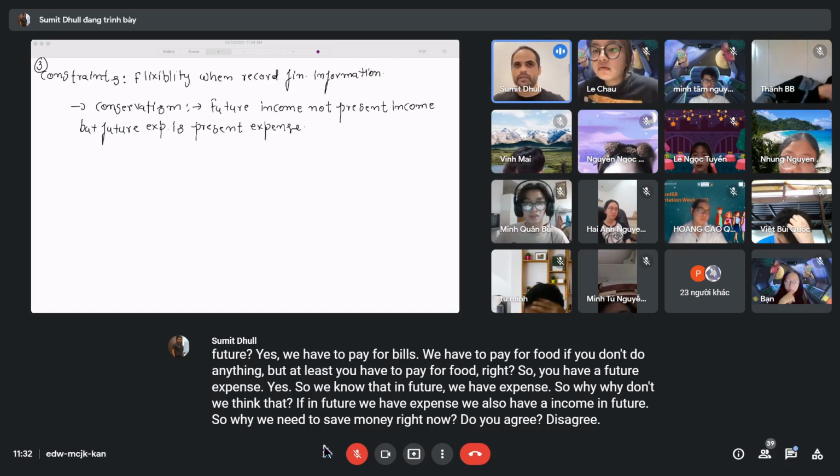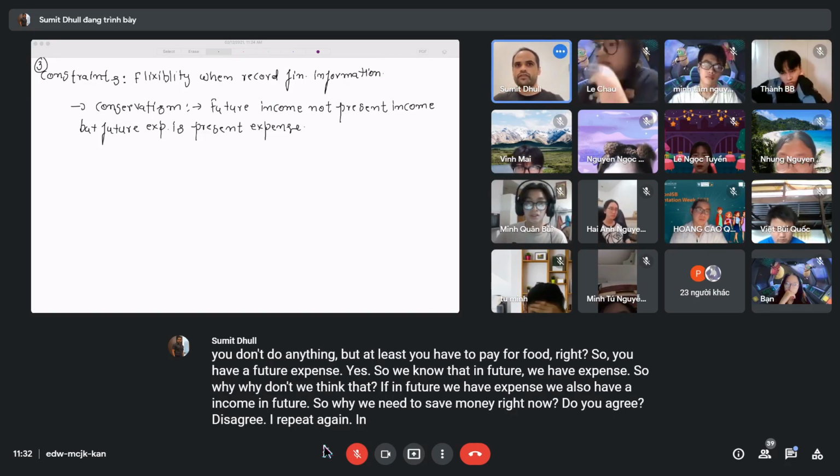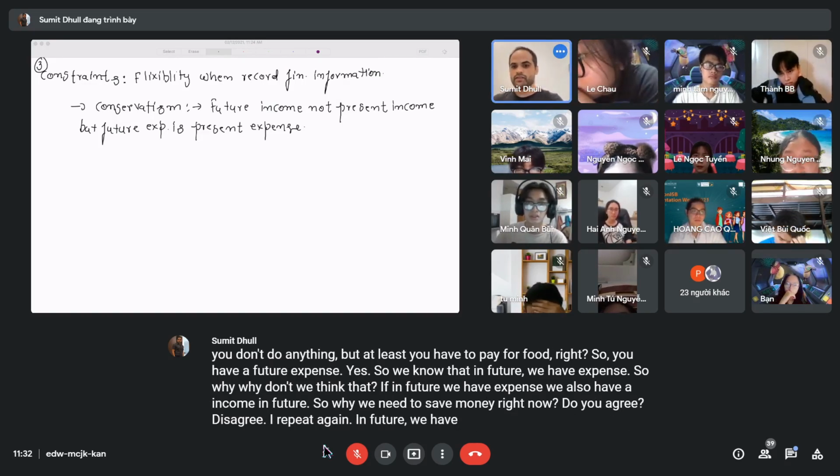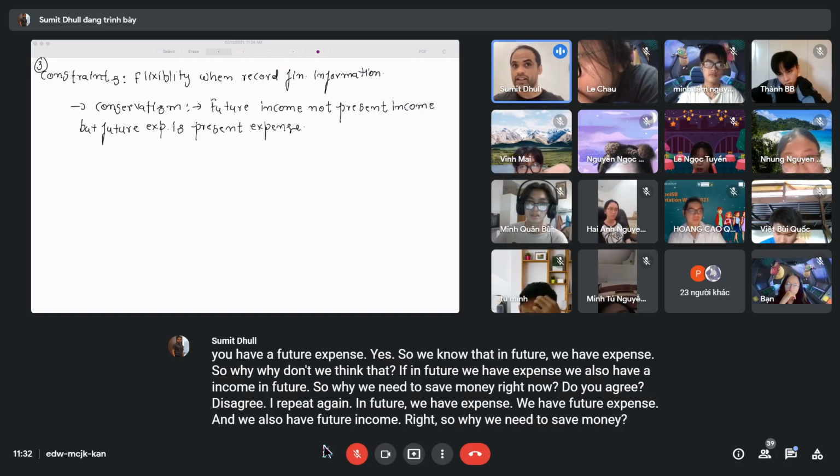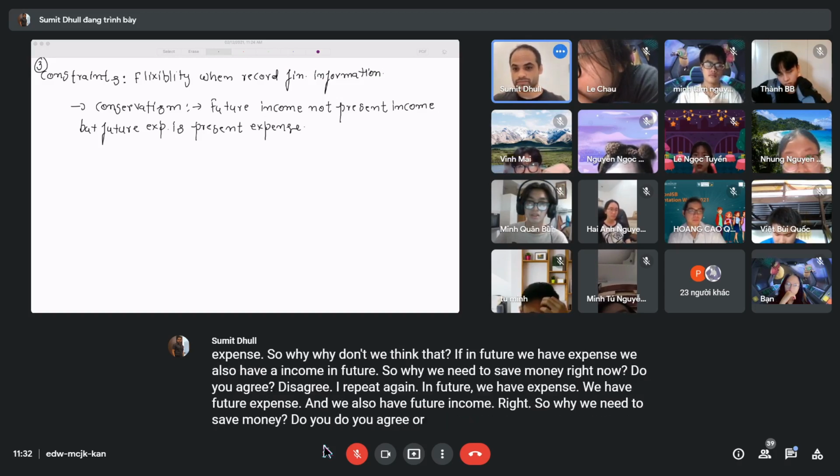I repeat again. In future, we have future expense, and we also have future income, right? So why do we need to save money? Do you agree or disagree?